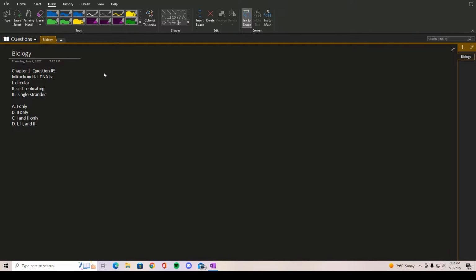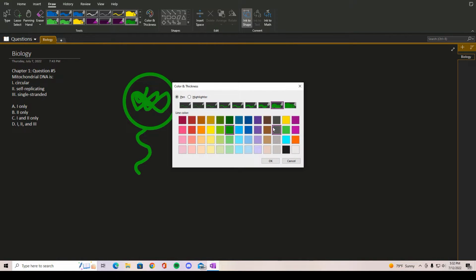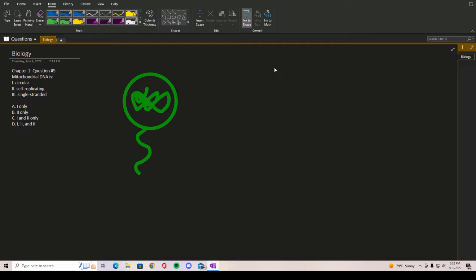So before we answer this question, we have to understand where mitochondria even came from. And that can be explained through the endosymbiotic theory. What that states is basically we had an aerobic prokaryote, this green one is aerobic, and we had an anaerobic prokaryote, which is right here.